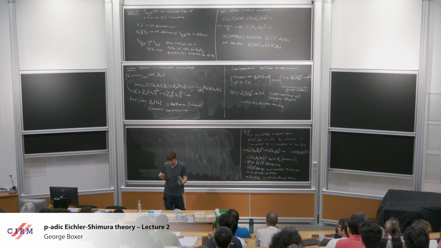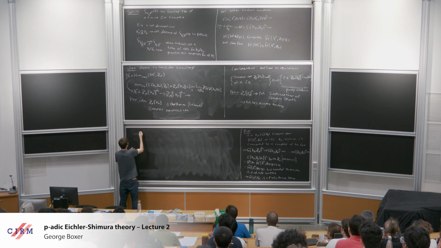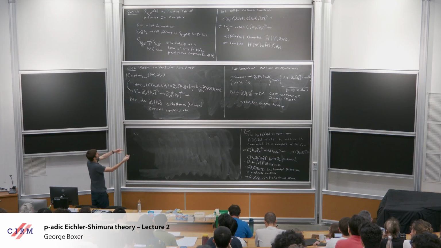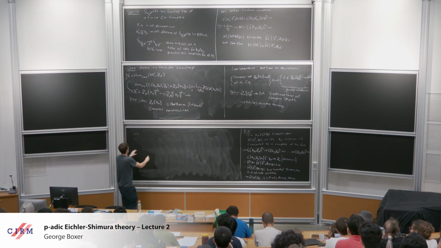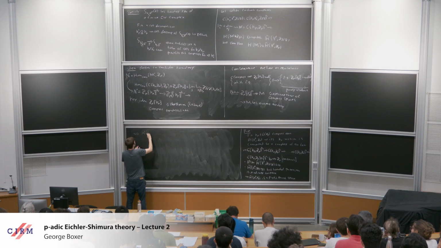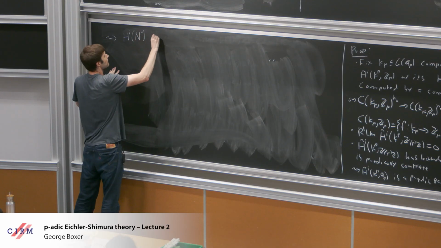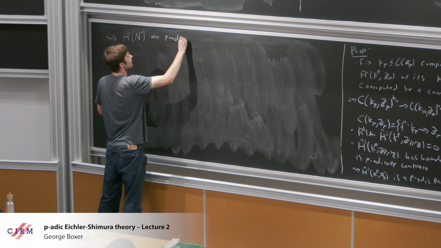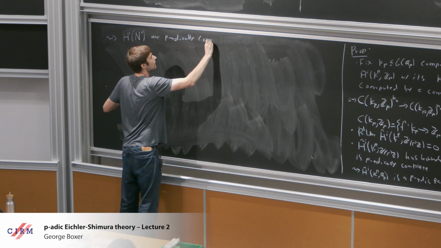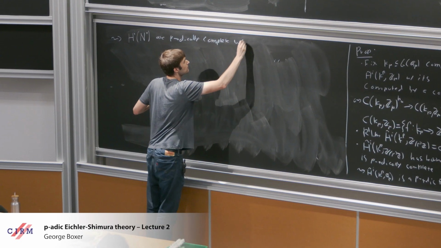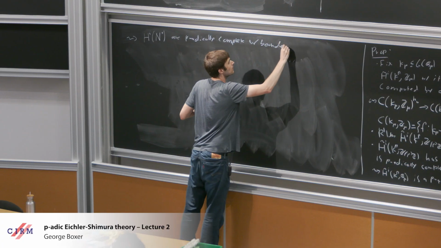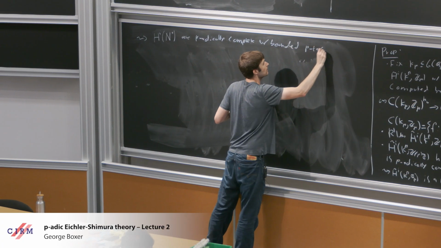Anyway, I'm not going to really explain the rest of the proof. I've explained the key idea, but this basically implies that the cohomology of this complex N bullet is very nicely behaved. It implies that they are p-adically complete with bounded p-torsion.